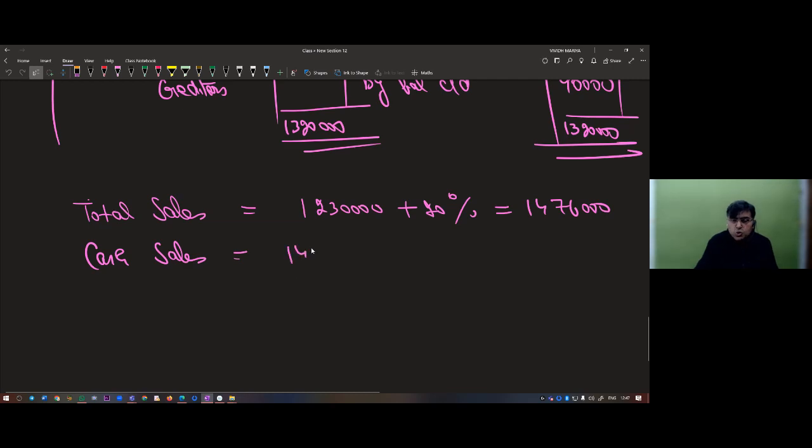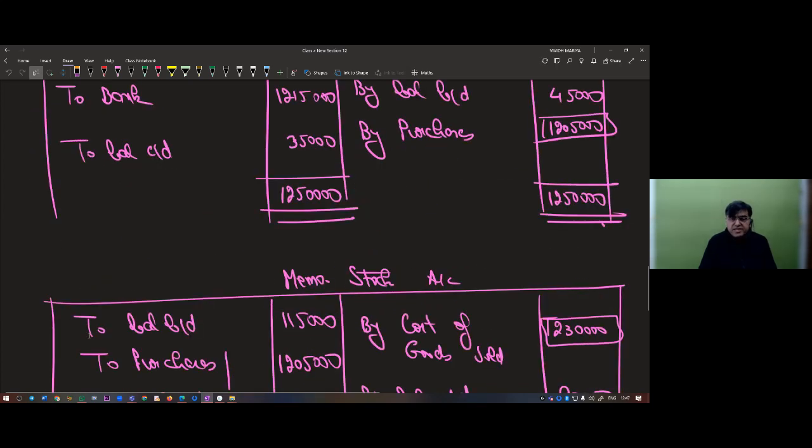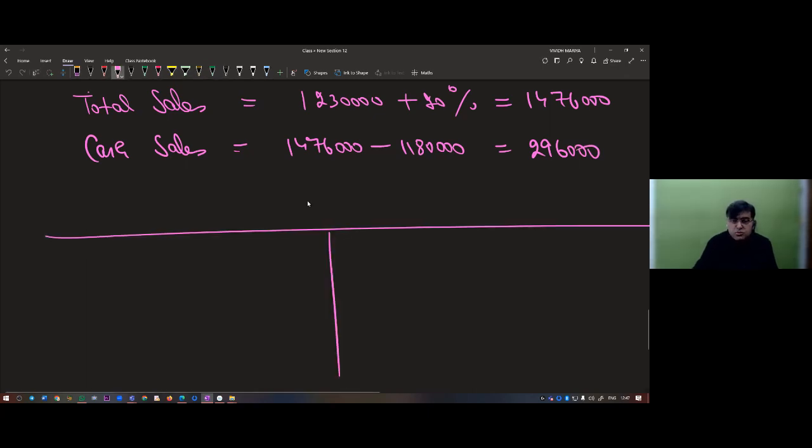Cash sale is total sales minus credit sales, 1180. 1476 minus 1180 is 296.